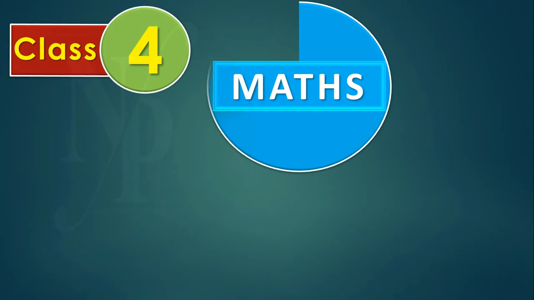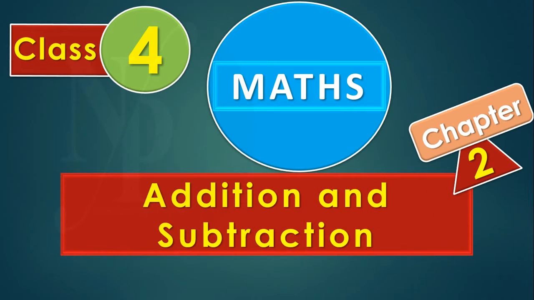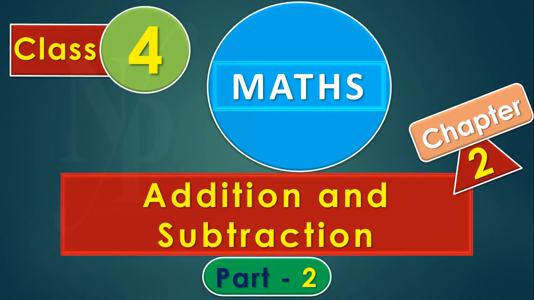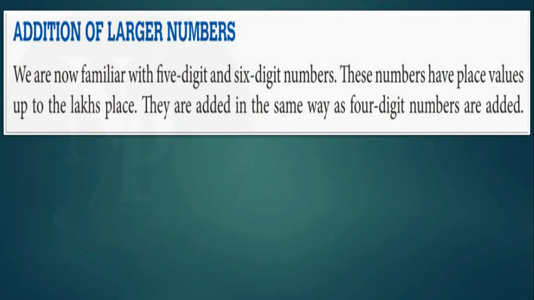This video is made for class 4 maths chapter number 2, addition and subtraction, and this is the second session on this chapter. Today let us learn addition of large numbers.